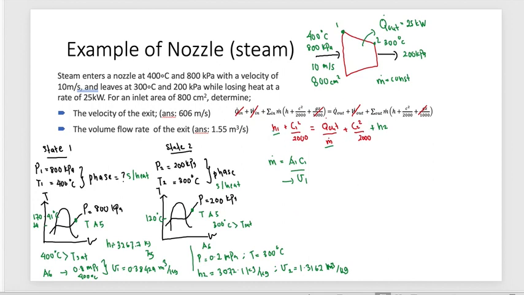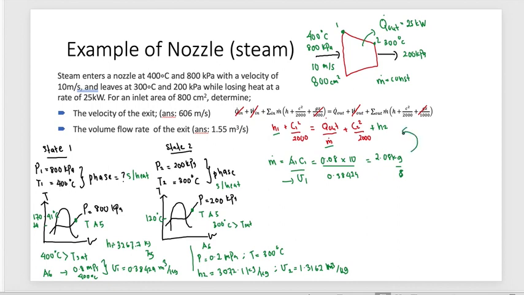Next I put in all the values: H1, C1, Q dot out, which is 25 kilowatt, and M dot. M dot here is 0.08, converting centimeter square to meter square, multiplied by 10 over 0.38429, and I will get M dot as 2.08 kilogram per second.